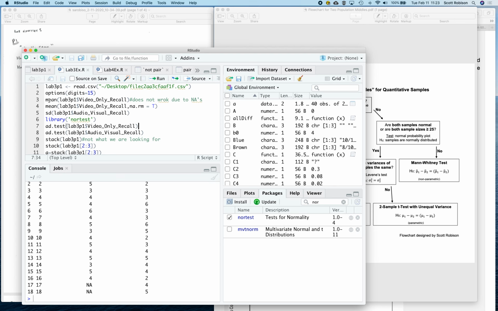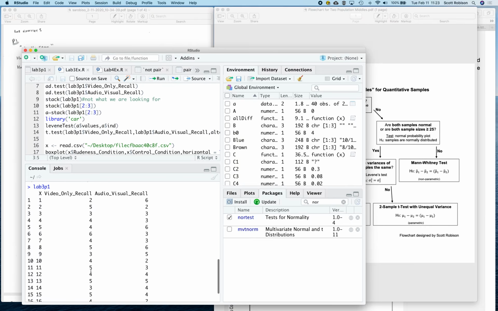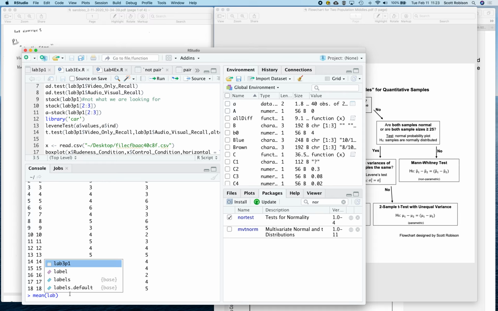So when you try to run a command like finding the mean of this column, typically you would just say mean, and then I called the data lab 3 problem 1, and then I put a dollar sign and say I'm looking for the mean of the first column, which was called the video only.